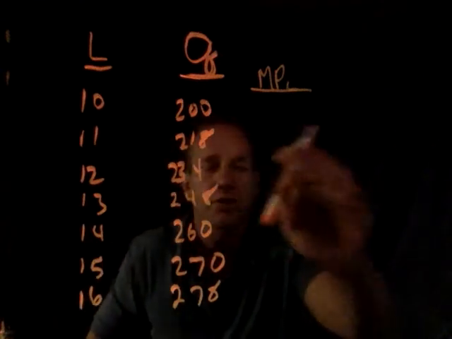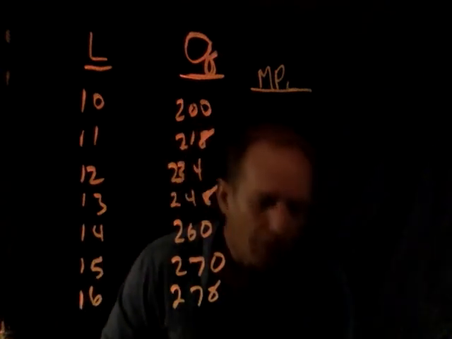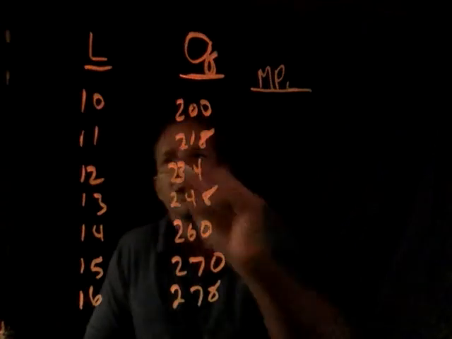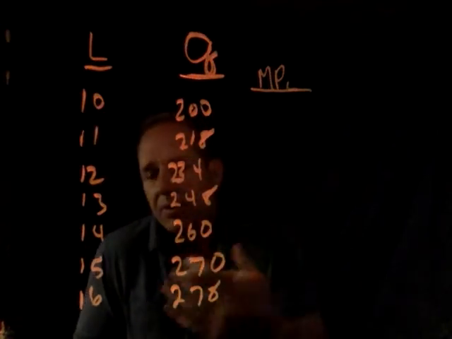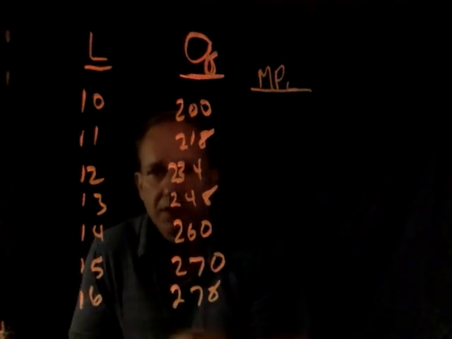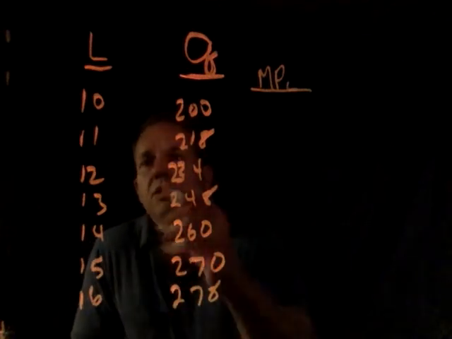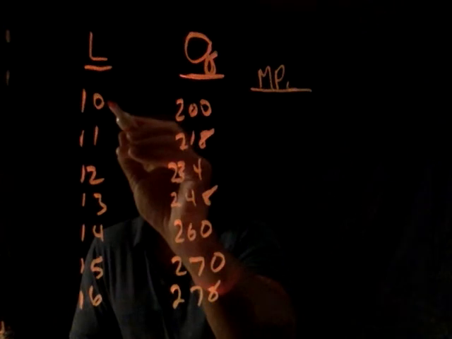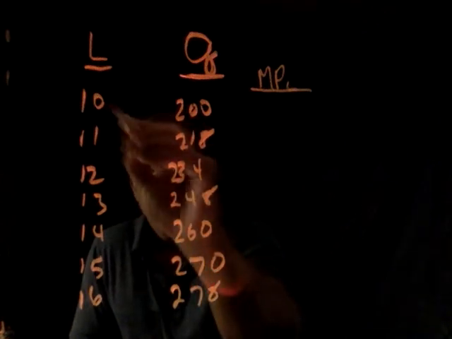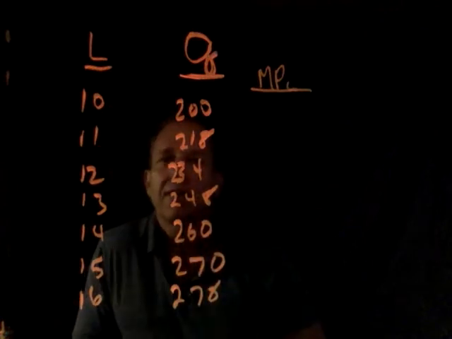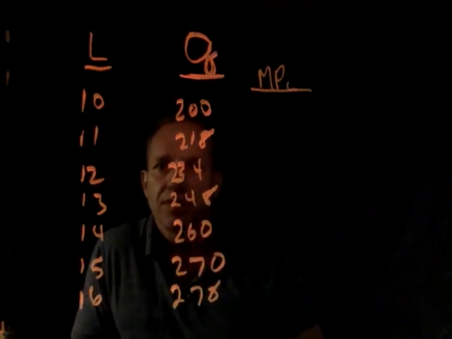We can't do anything below 10 laborers, so there's no margin to look at for the first level. It's only as we've made a change, adding this 11th worker per week, that we have a change.